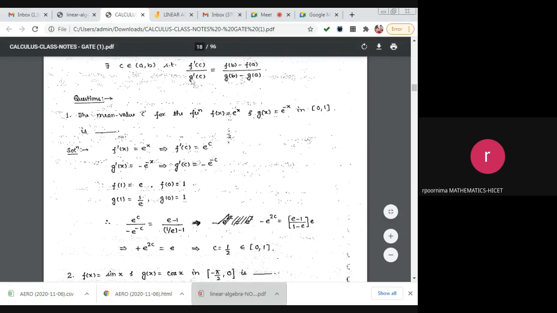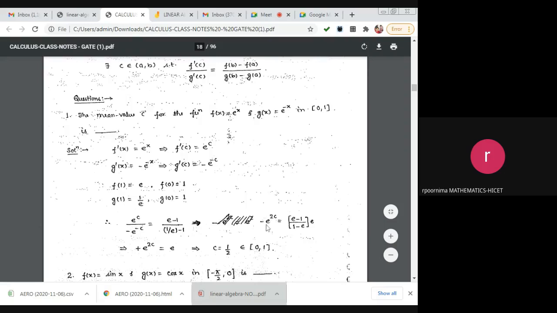So we are substituting into the formula f dash of c by g dash of c equal to f of b minus f of a by g of b minus g of a. So you will get e power c by minus e power minus c, which is equal to e minus 1 by 1 by e minus 1. So minus e to the power 2c. We are bringing this denominator to the numerator. If the base is the same, we can add the powers.